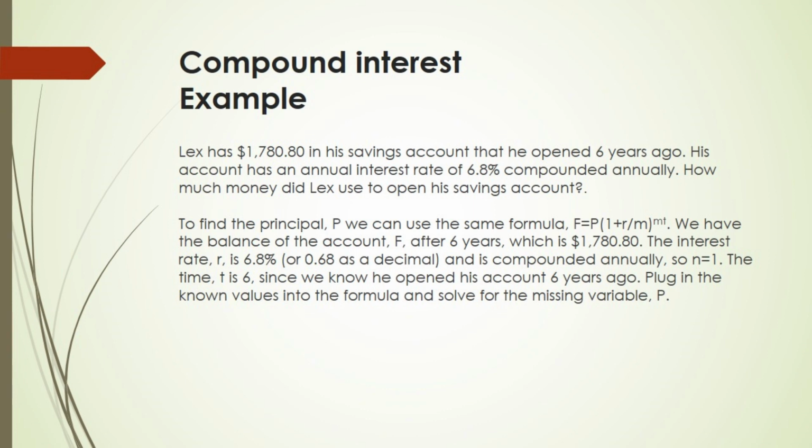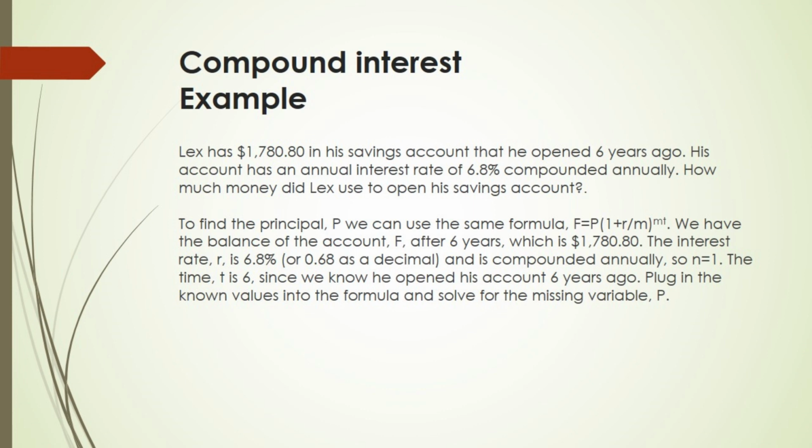To find the principal P, we can use the same formula F equals P, 1 plus R over M, exponent MT. We have the balance of the account F after 6 years, which is $1,780.80. The interest rate R is 6.8% or 0.68 as a decimal, and is compounded annually, so M equals 1.